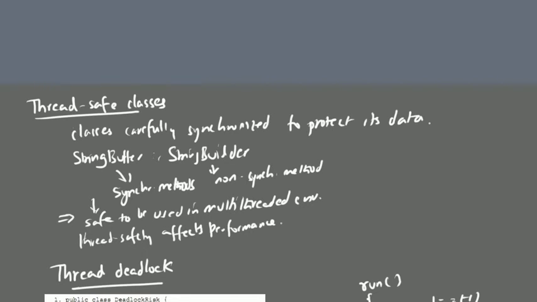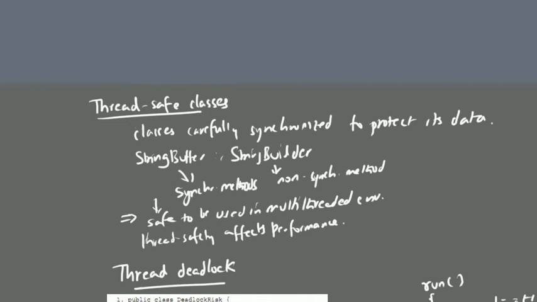Now, thread safe classes. So classes which are carefully synchronized to protect its data. Now, StringBuffer and StringBuilder are identical classes with identical methods, but the methods of StringBuffer are synchronized, whereas the methods in StringBuilder are not synchronized.